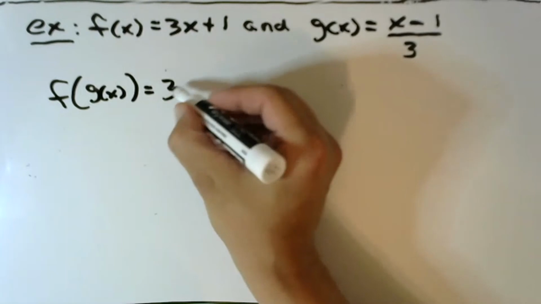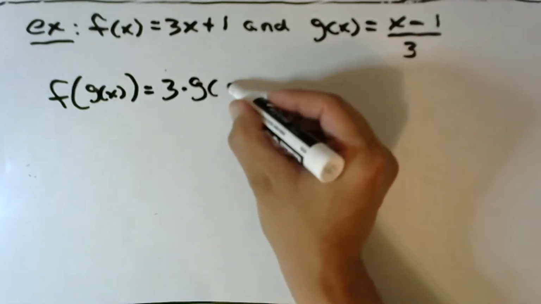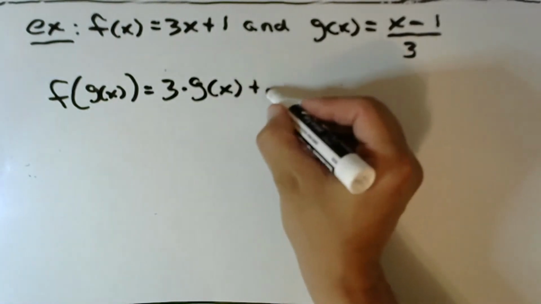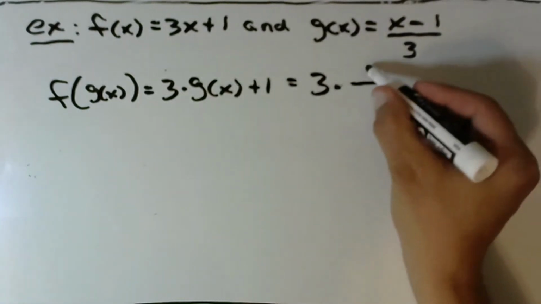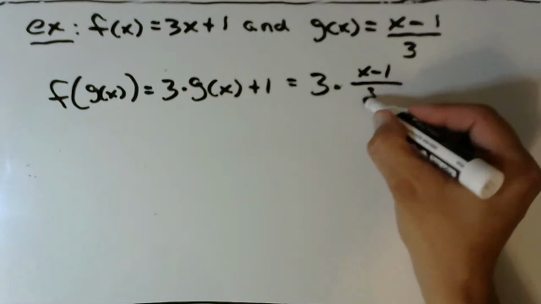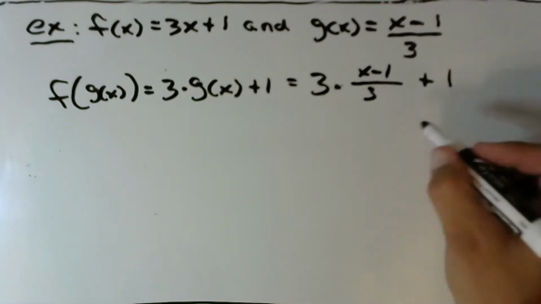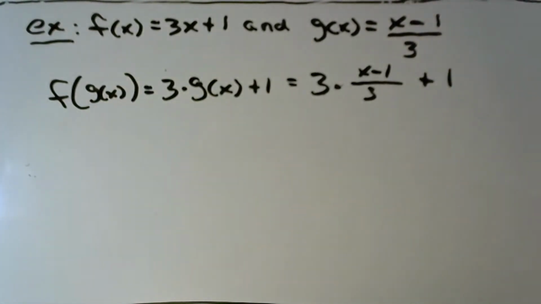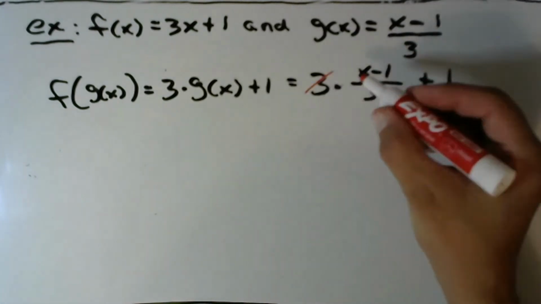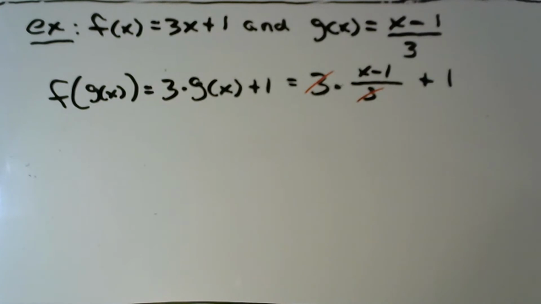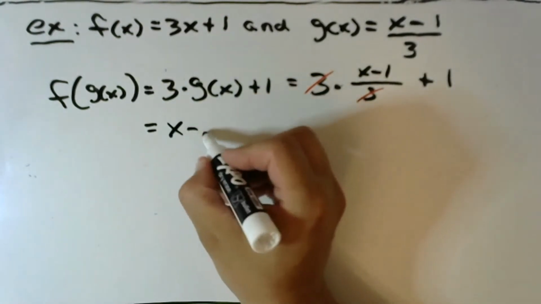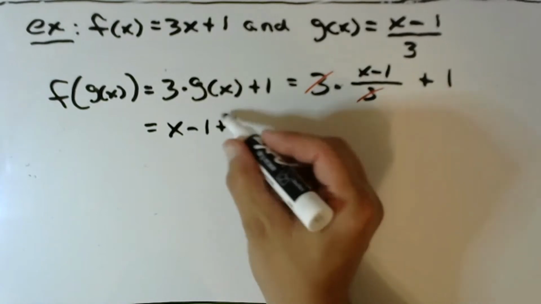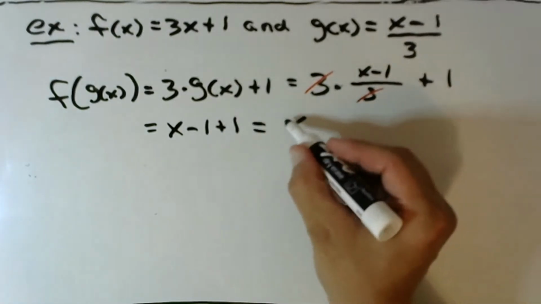So that means we get 3 times g of x plus 1, or 3 times x minus 1 over 3, plus 1. And there's some cancellation going on here. These 3's will cancel, and we'll get x minus 1 plus 1. These will go away, and sure enough, we get x.